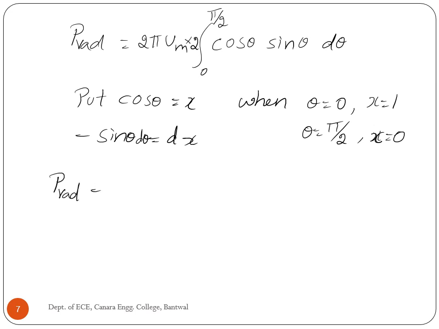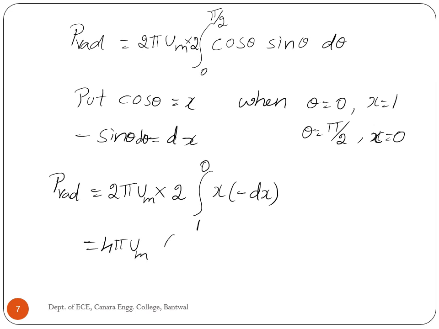Radiated power is equal to 2 pi Um into 2, integral from 1 to 0 of x into minus dx, which is equal to 4 pi Um. To change the minus sign, I'll change the limit to 0 to 1 of x dx.